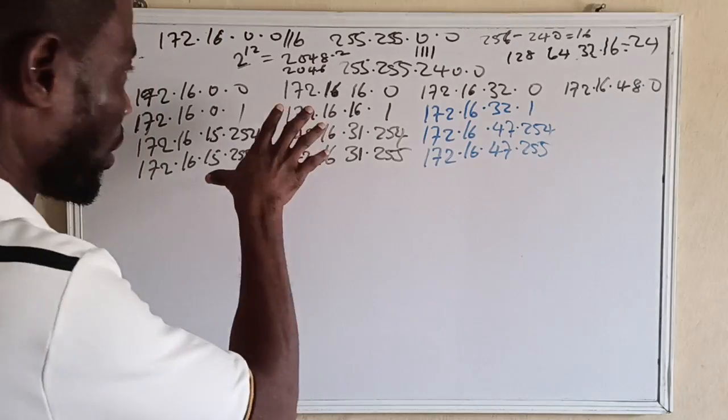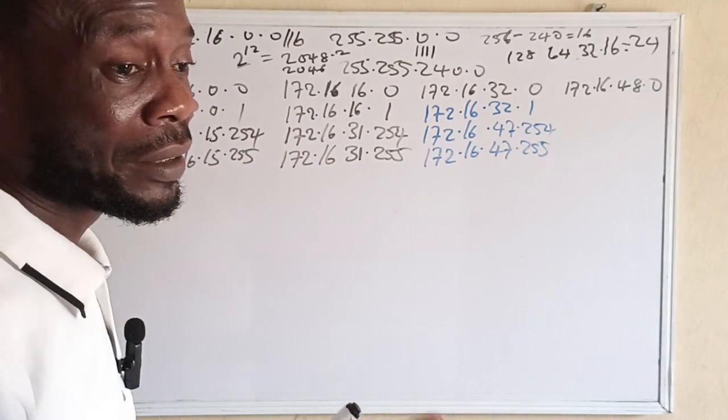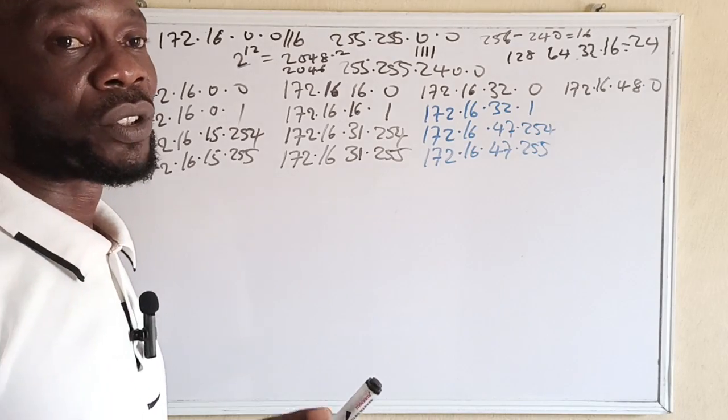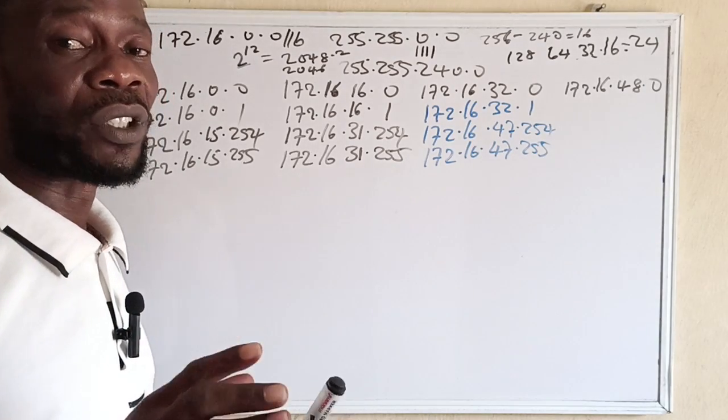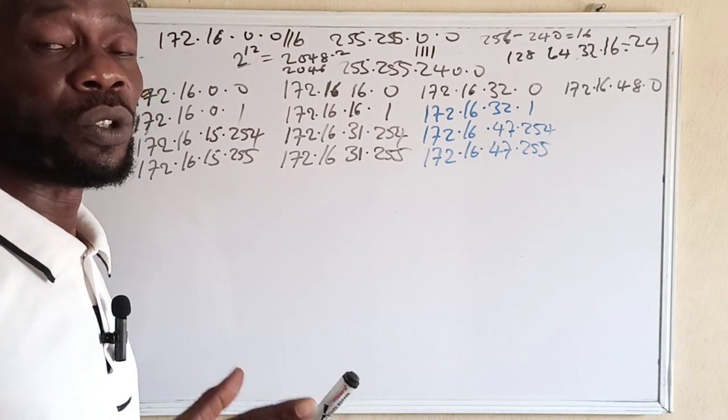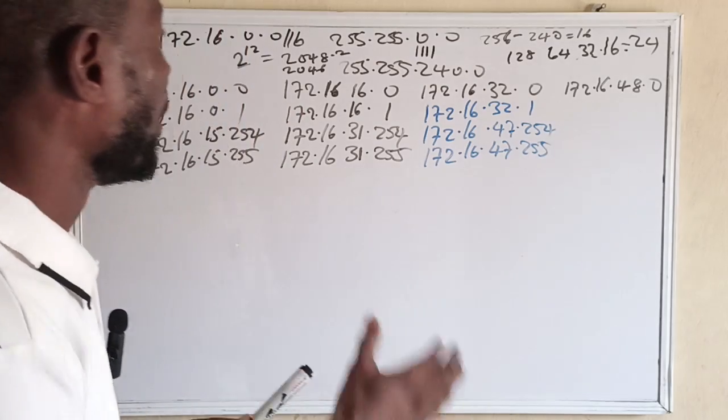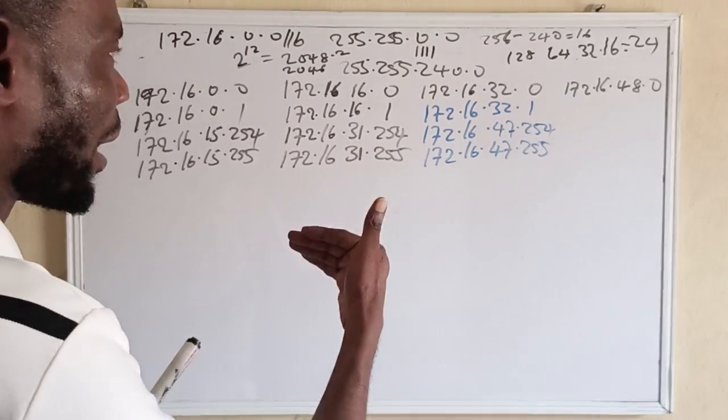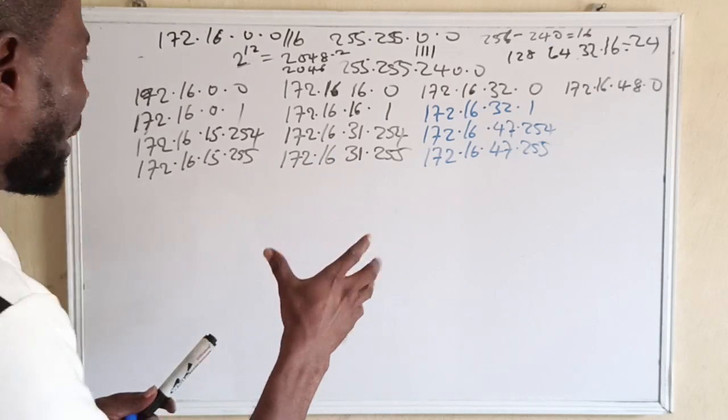Remember the first one, which is class A, was 1,048,574 valid hosts. But now it's about 2,000 because it's coming down. It's a class B IP address.